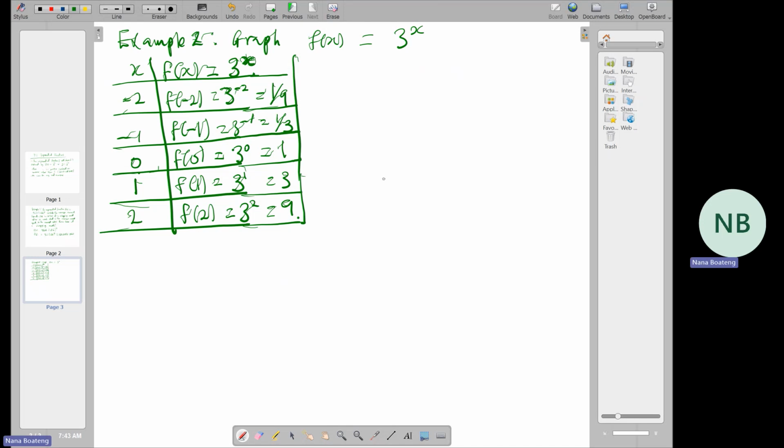All right, so let's graph our function. Let me draw this down here.